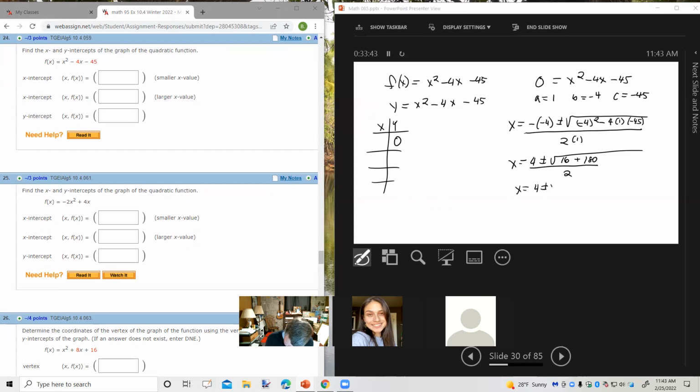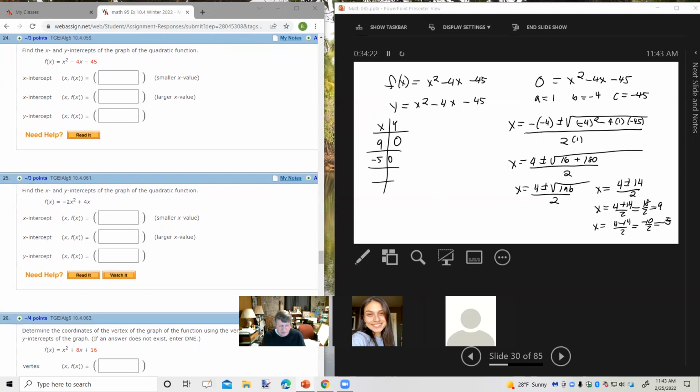X equals 4 plus or minus the square root of 196, all over 2. The square root of 196 is 14, all over 2. So x equals 4 plus 14 over 2, which is 18 over 2, which is 9. X equals 4 minus 14 over 2, which is negative 10 over 2, which is negative 5.